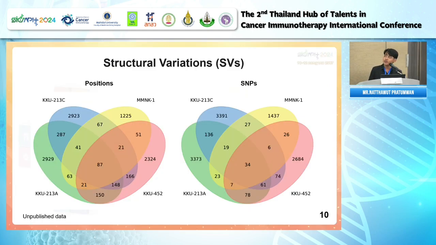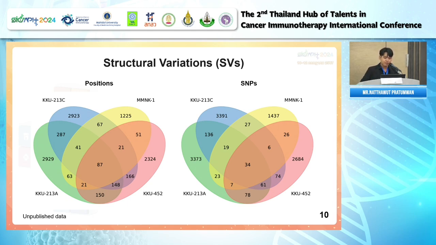And this one is the Venn diagram plot for the variants within the 4 cell lines. The left plot shows the number of variant positions in each cell line, and the middle number, 87, is the number of variant positions that all 4 cell lines share.